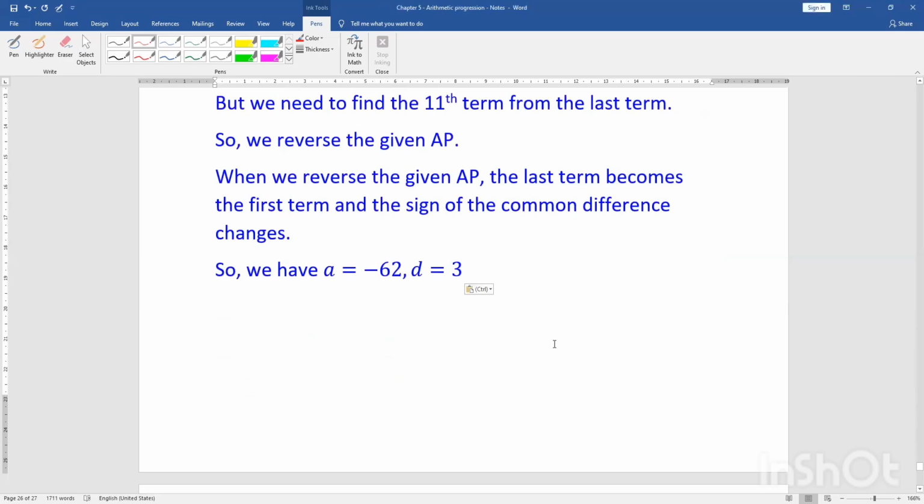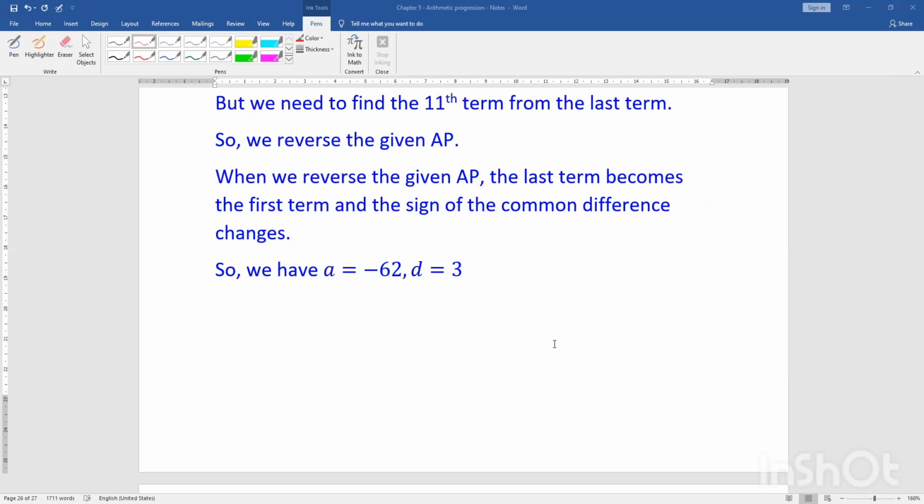I repeat once again. Here we need to find the 11th term from the last term, so we reverse the given AP. When we reverse a given AP, the last term becomes the first term and the first term becomes the last term. Remember that. The sign of the common difference changes. For example, if it is minus 5, it becomes plus 5; if it is plus 5, it becomes minus 5; if it is minus 7, it becomes plus 7; if it is plus 7, it becomes minus 7.